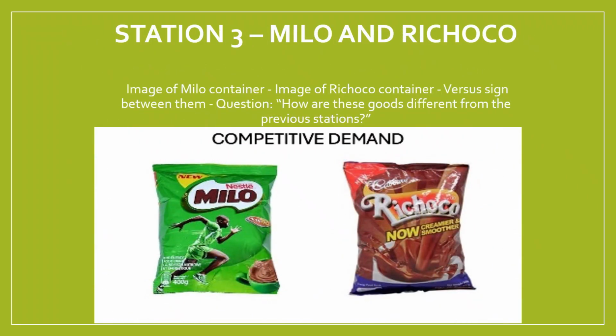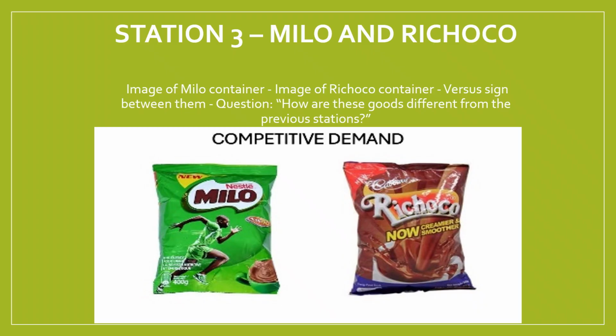Look at station 3. You see Milo and Rich Choco, 2 popular chocolate drinks in Ghana. Observe the relationship. Are these goods used together, like toothbrush and toothpaste? No. Are these goods derived from each other, like cassava and gari?